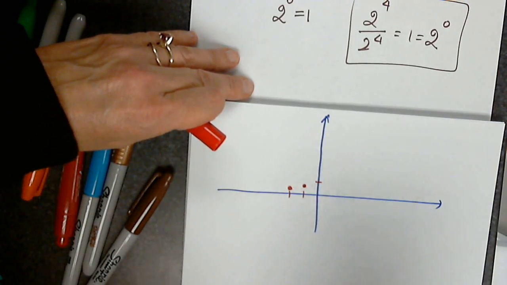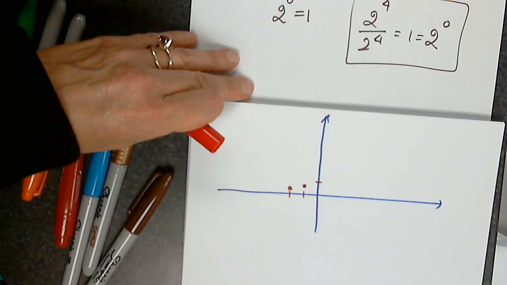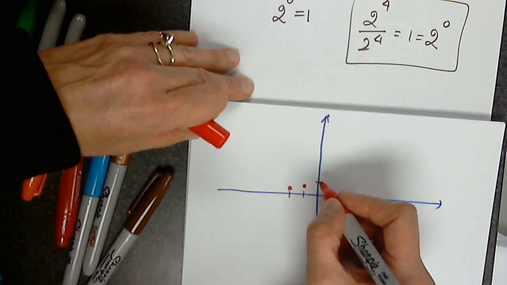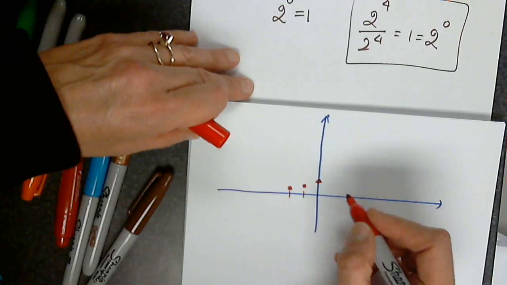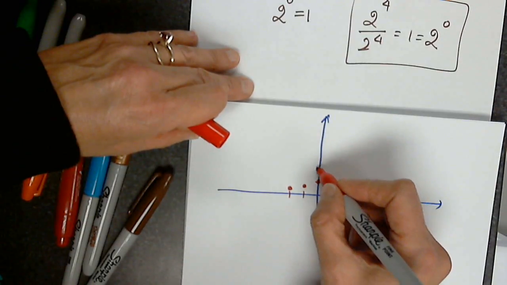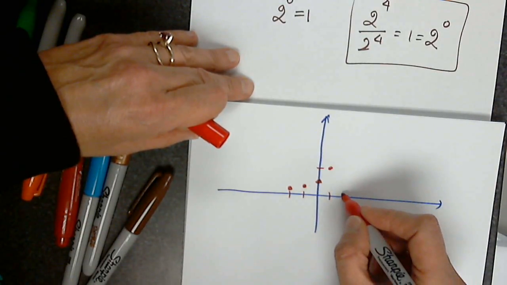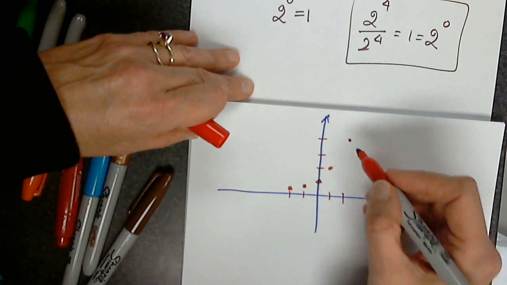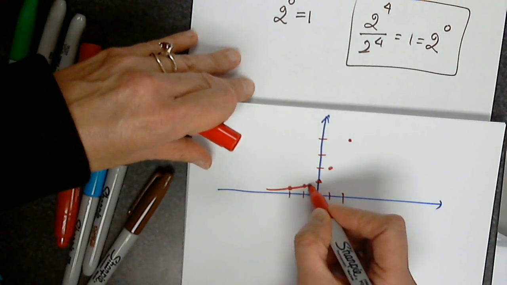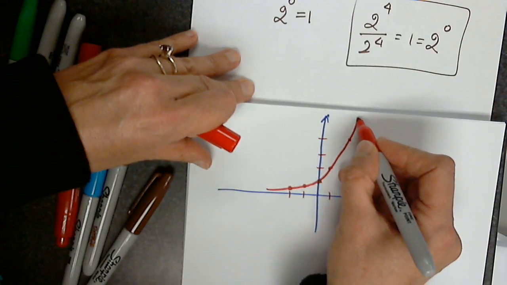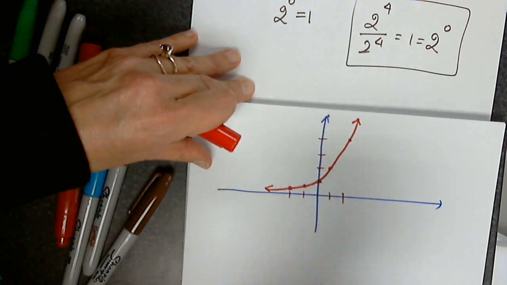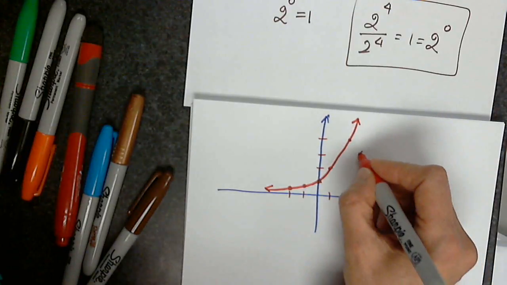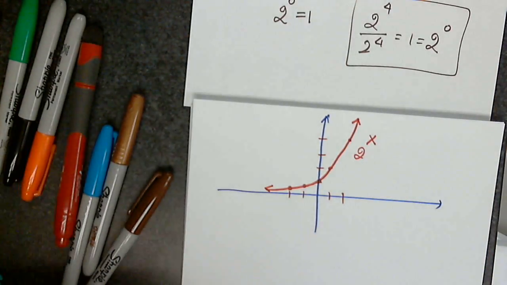Somewhere in the middle here. Next one is 0, 1. And then 1, 2. And then 2, 4. This has the fastest growth possible. And this is the function 2 to the x.